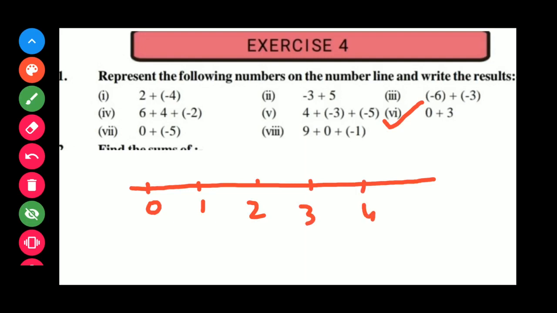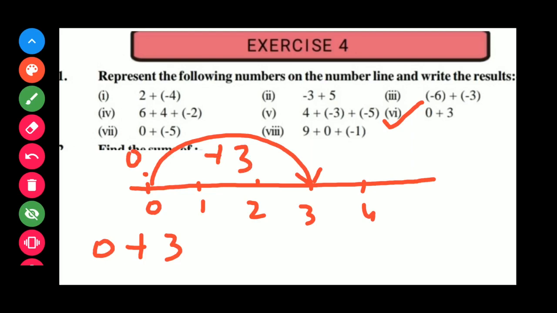So first of all is 0. So 0 is here. We can't draw any line. So plus 3. So you can count 3. So 1, 2, 3. That is your result. It's your 0 and it is your plus 3. So that answer is 3.